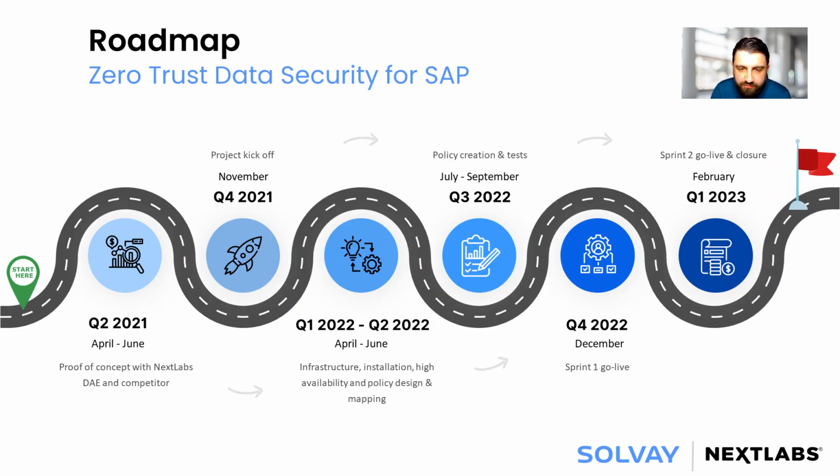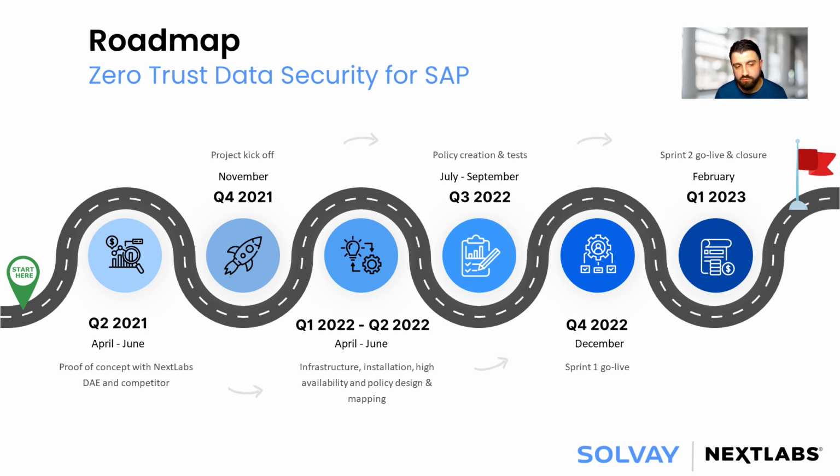Now, about the roadmap of the project, we started back in Q2 of 2021 by performing a proof of concept with NextLabs DAE and a competitor. At that time, DAE was really new when we started this discussion. We had a very positive experience with NextLabs with the DAM implementation, which at that point had already been running for more than 3 years.